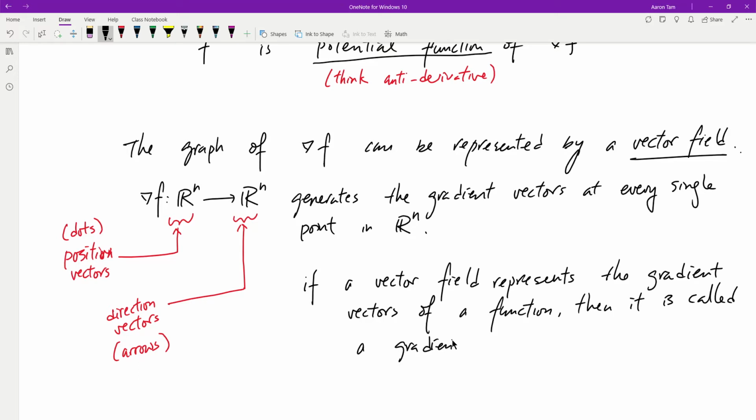And we will learn more about gradient fields in chapter 7, chapter 8, because a gradient field has some unique properties that we want to explore later on.